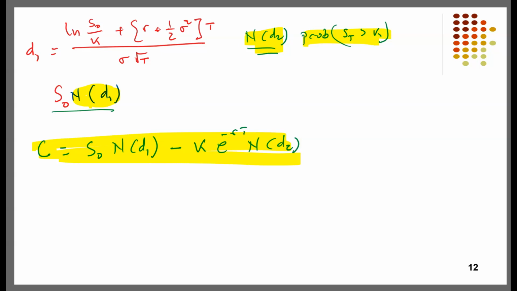Now, note that I keep saying that N(d2), which is what we have here, is the probability that the option is exercised, or that the stock price is greater than the strike price. The N(d2) interpretation is true only if we are in the risk neutral world. And the reason for that is because you see how we keep using this risk-free rate of return here.